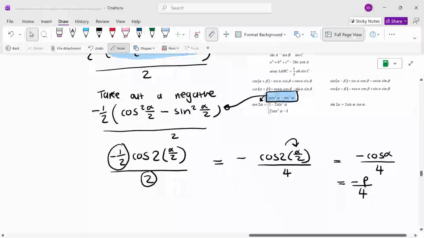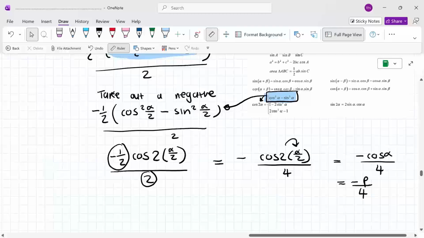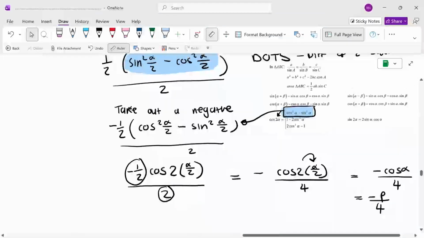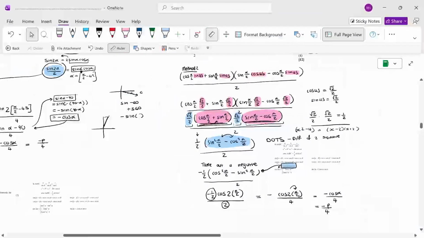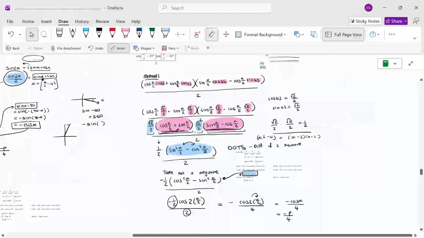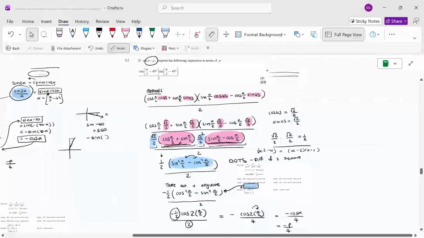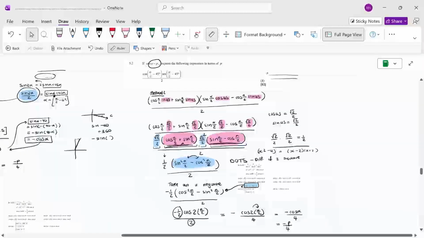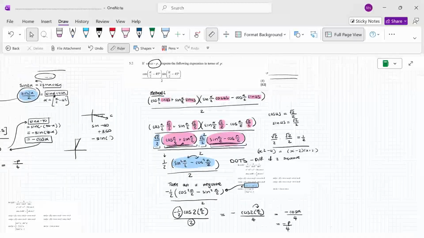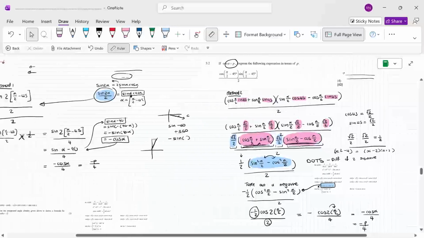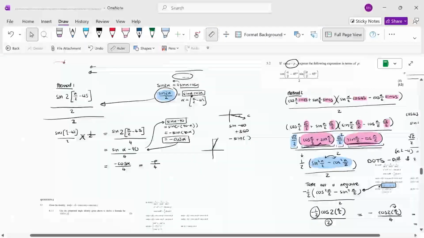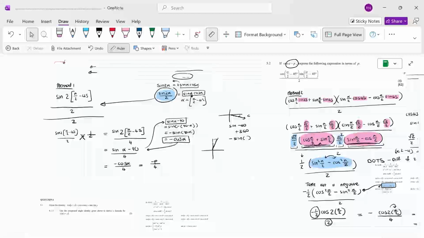Okay. So for both of the methods that we did, we realized that what we're given in terms of p is cos of just alpha, not cos of alpha over 2 or whatnot. So we had to find a way to get rid of this alpha over 2. Method 1 was confusing, I'll give you that.